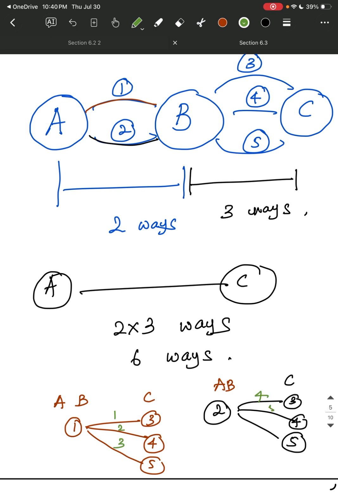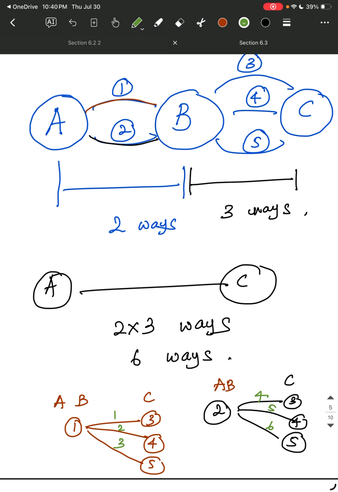So we can complete this two-step process in m times n ways. We multiply because every possible choice from the first task can be paired with every possible choice from the second task.